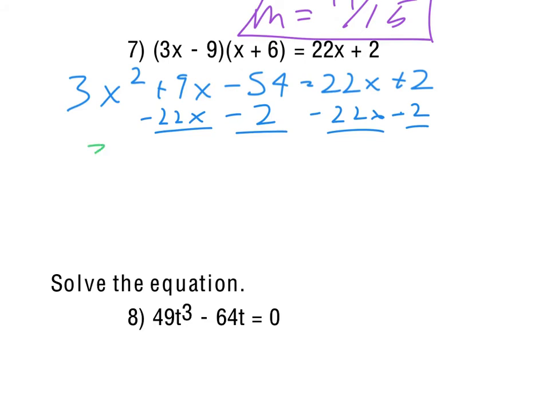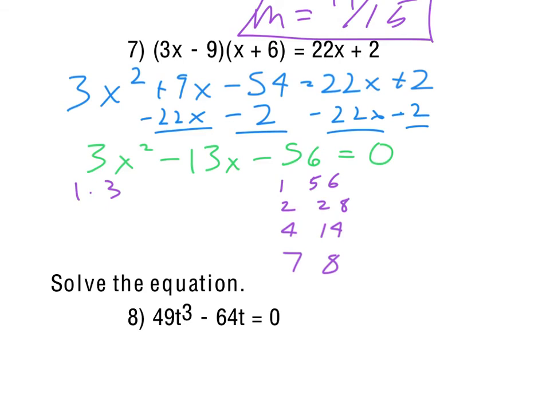From there, we get 3x squared minus 13x minus 56 equals 0. So we would be looking at factors for the 3, so 1 and 3, and the factors for 56, trying to figure out how we can get the 13. So it looks like our combination that we would need here would be the 3 times negative 7 and the 1 times the 8.